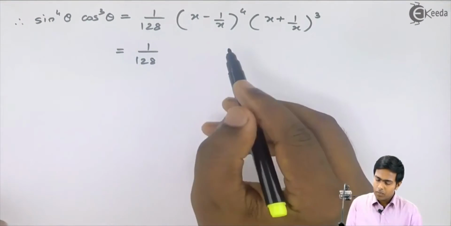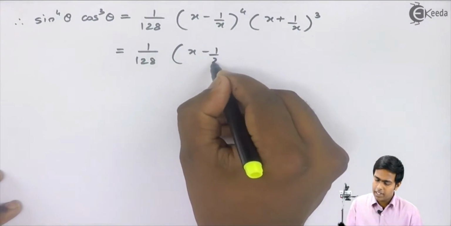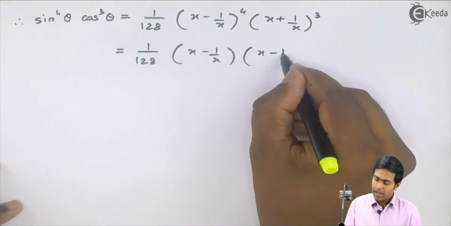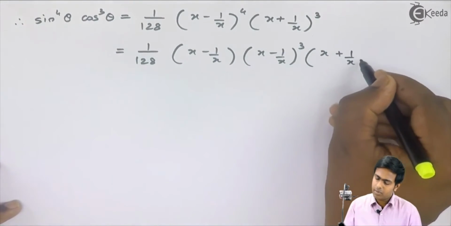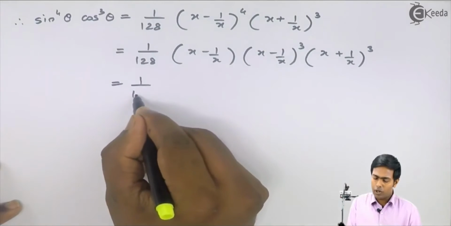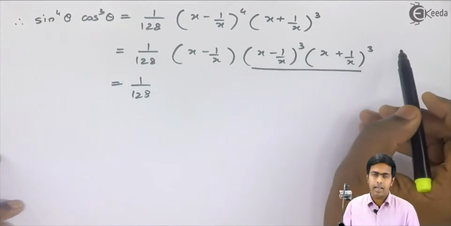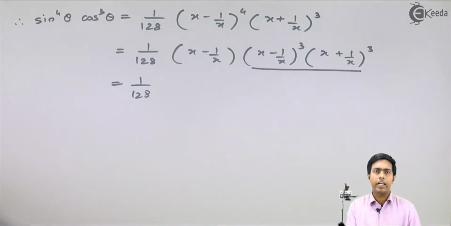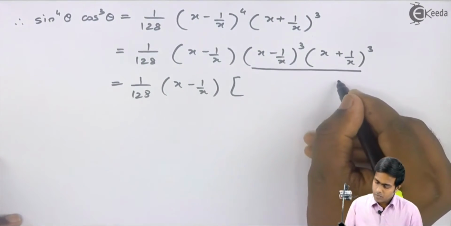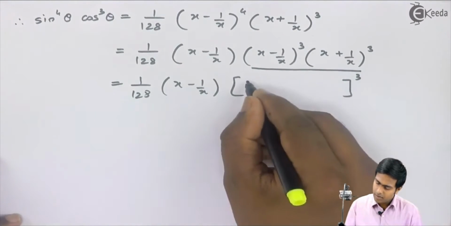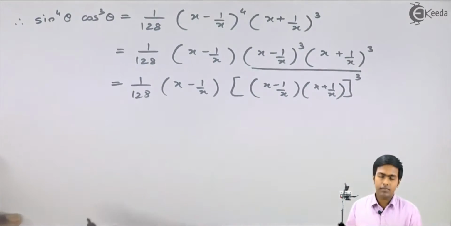What we will do is write (x minus 1 upon x) raised to 4 in 2 parts. One part is x minus 1 upon x and the other part is (x minus 1 upon x) raised to 3, and I'll keep the second term as it is. Now you can observe here that in the last two terms the power is the same, so we can apply laws of indices and the 3 will come outside, and inside the bracket we can write (x minus 1 upon x)(x plus 1 upon x).